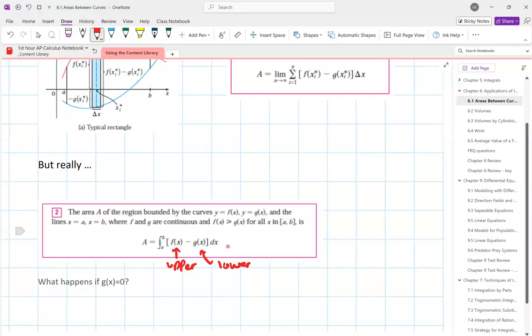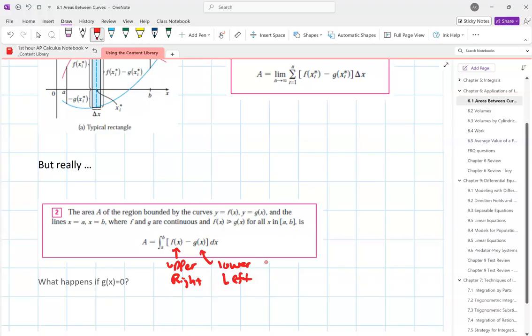Or if we integrate with respect to y instead of with respect to x, oops, that's not right. F of x should be the right-hand function, and g of x should be the left-hand function. Everybody's okay with that idea?